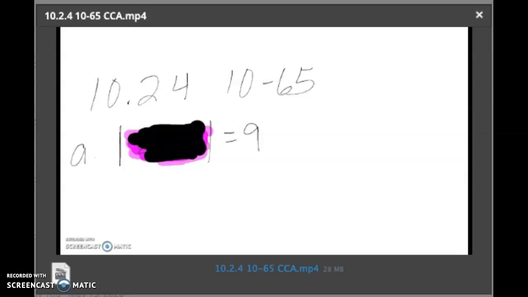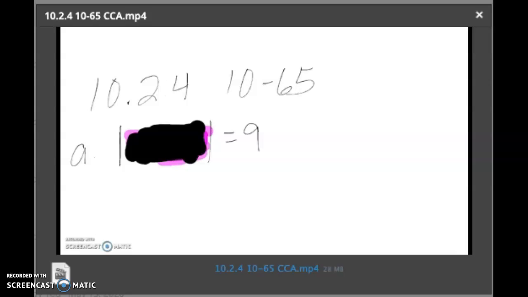Okay, so if you couldn't see what was under that blob, we have to ask ourselves what number could be underneath that blob. So what number is exactly 9 units, 9 steps in either direction away from 0 on a number line?